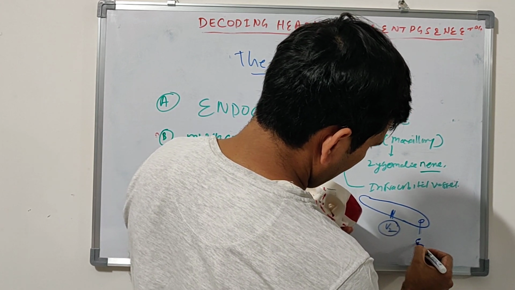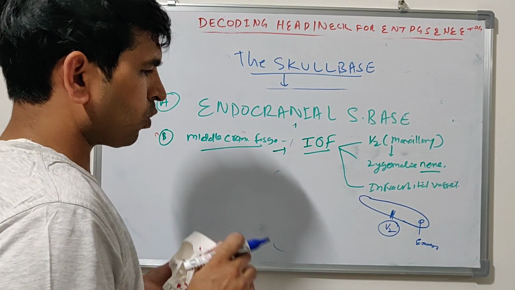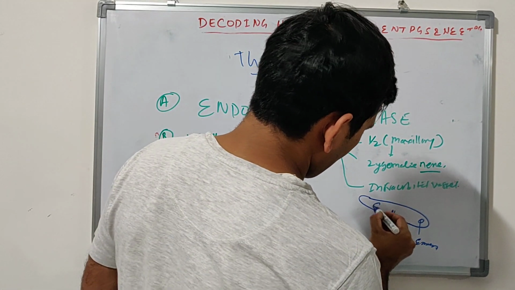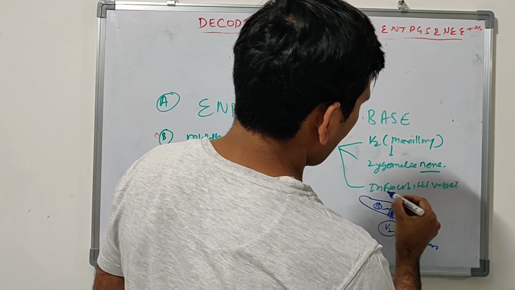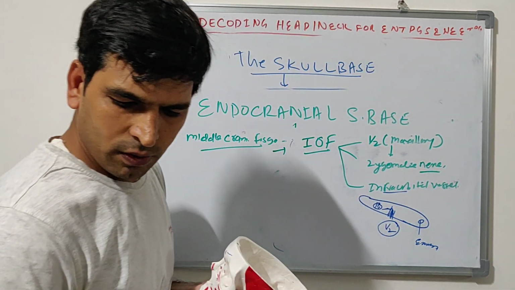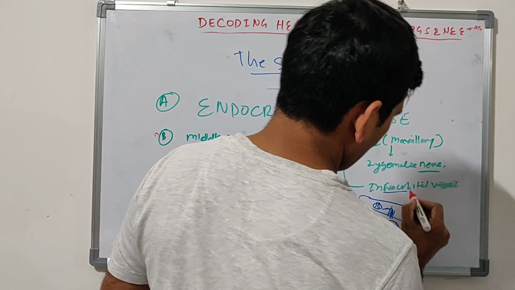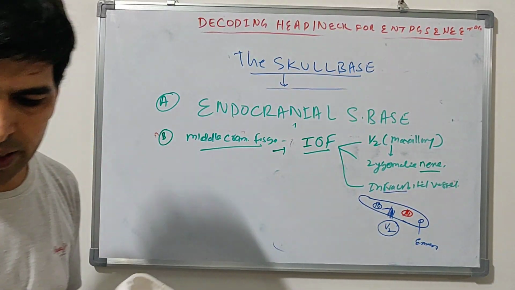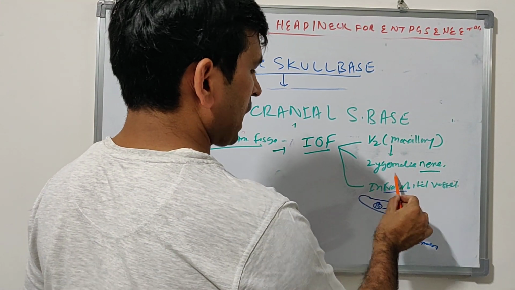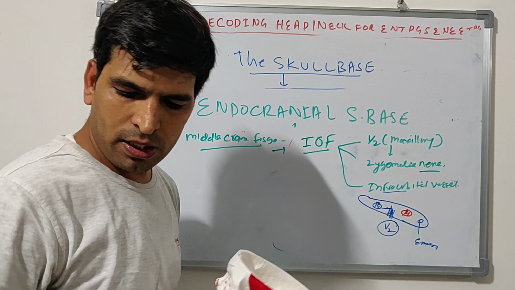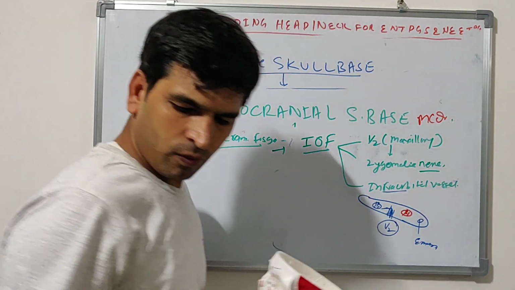Some emissary veins pass through this, connecting the infratemporal fossa to the orbit, and this is the zygomatic nerve, a branch of V2 itself, coming from this, and the infra-orbital vessels. These are the contents, or structures, passing through the inferior orbital fissure: V2, zygomatic nerve, infra-orbital vessels. This is a commonly asked MCQ. Okay.